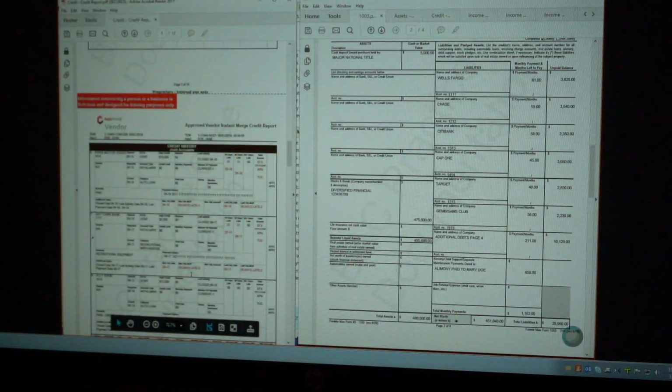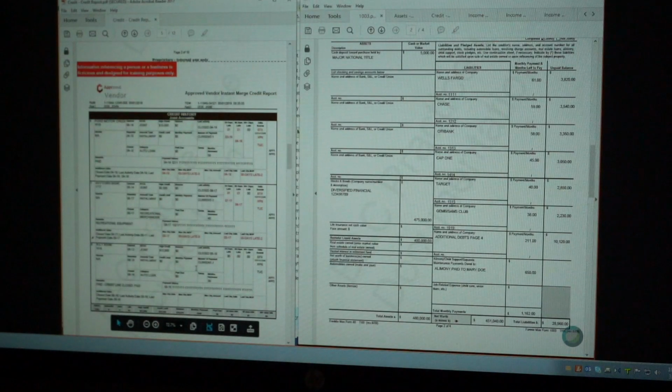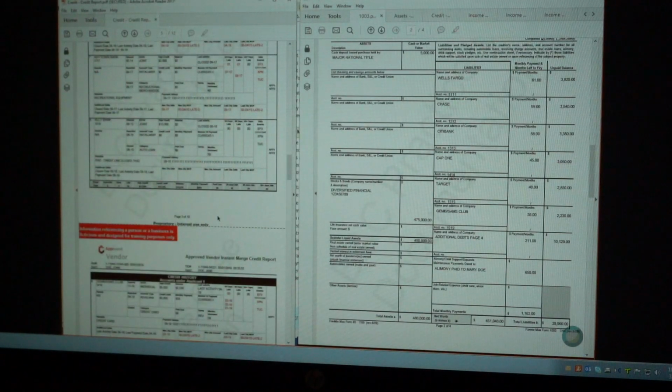Alright, so this is, again, 60 days late. Allied Bank is closed. That was paid on time.